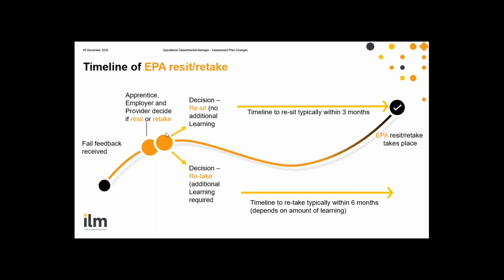Probably a question for you, Karen. There's a question here reflecting on the ILM Level 5 workbooks that are available. Are they still recommended to use to cover the underpinning knowledge? So are they still relevant? They are designed as learning workbooks.